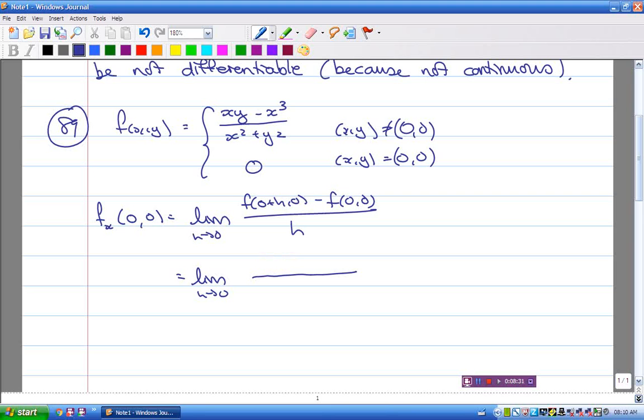My x is h and my y is 0, so that will be 0 minus h cubed over h squared plus 0. Minus f of (0, 0): x is 0 and y is 0, so I want the second piece of my piecewise function.